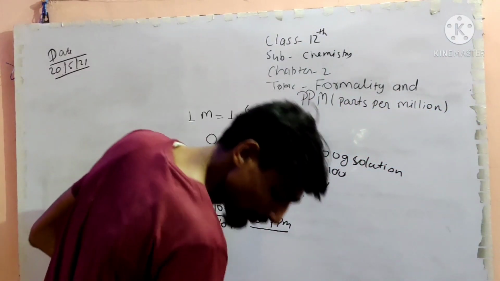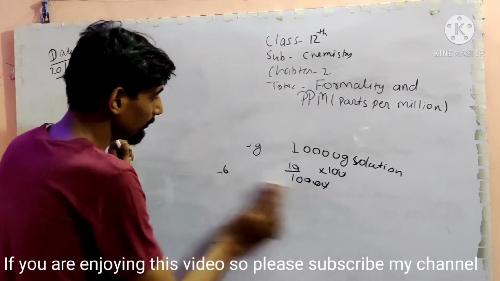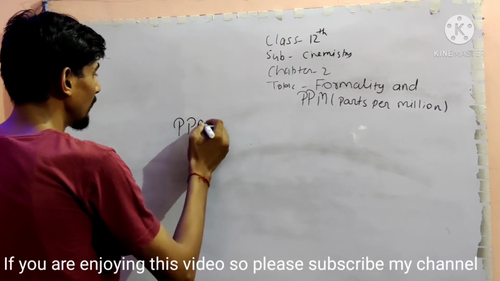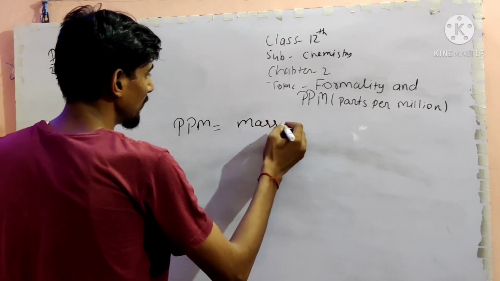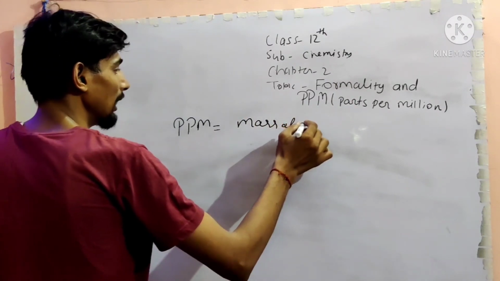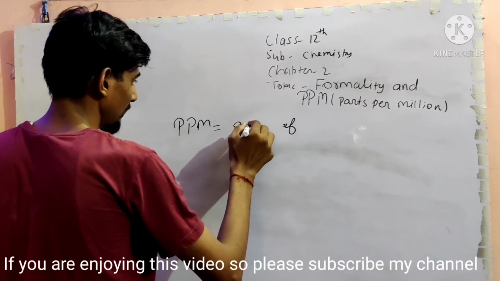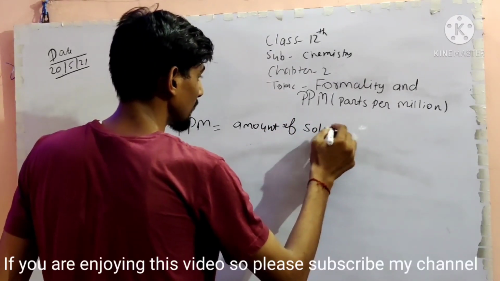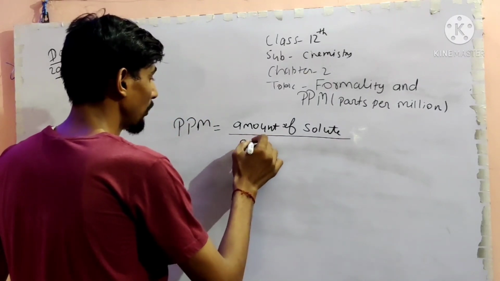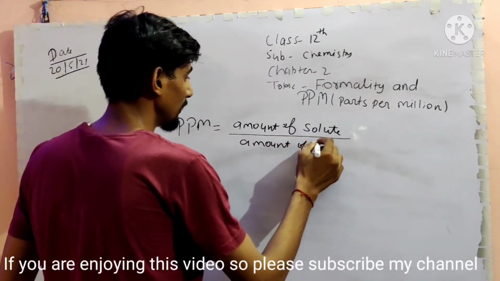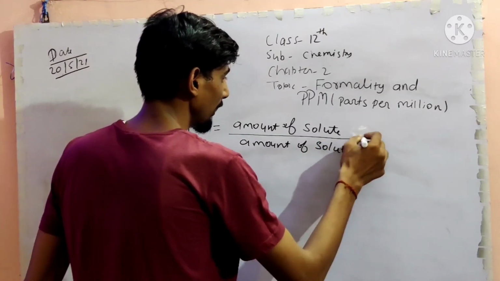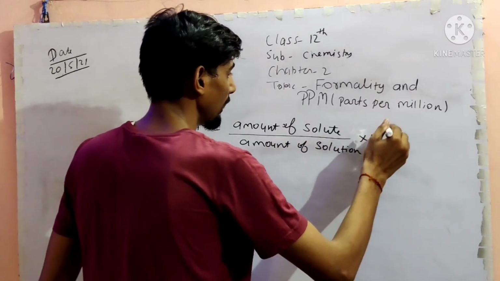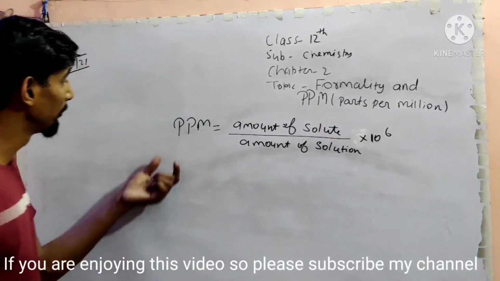So how do we find parts per million? Parts per million is also like simple mass percentage. We write ppm equals mass of solute, or we can write amount here, whatever the amount of solute upon amount of solution into 10 to the power 6. We write 10 to the power 6 because we are finding parts per million.